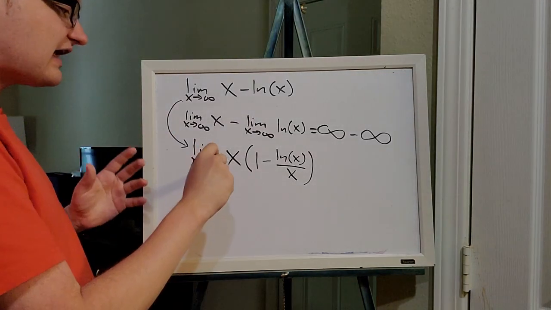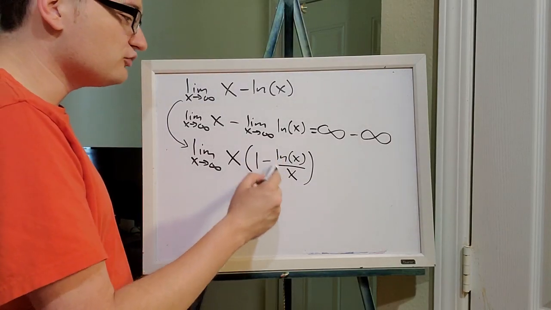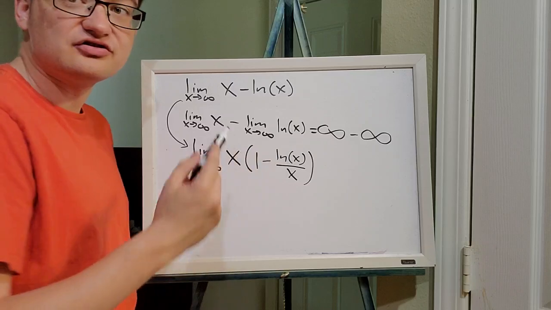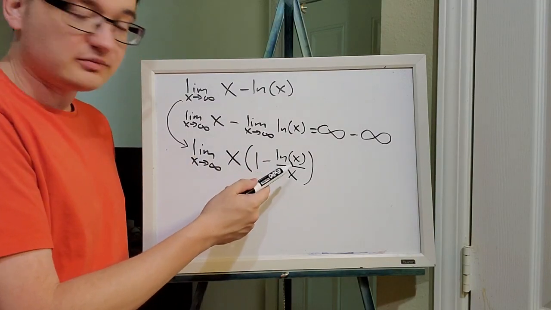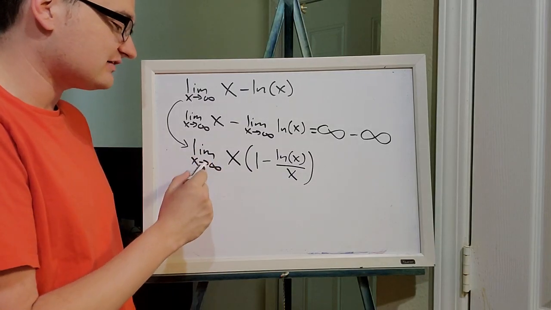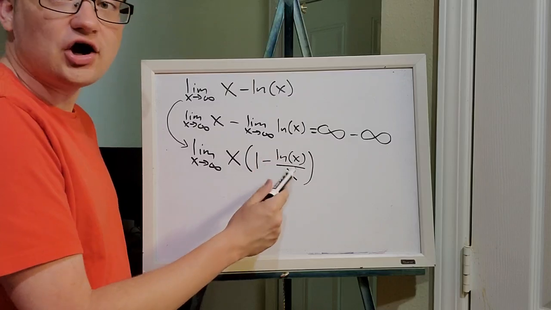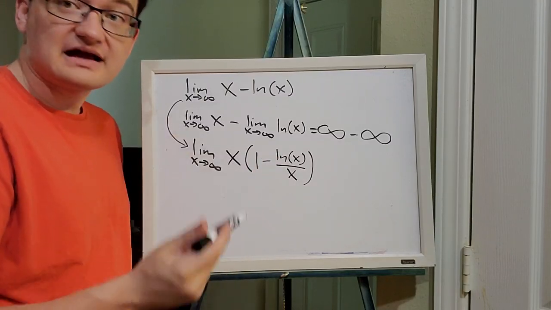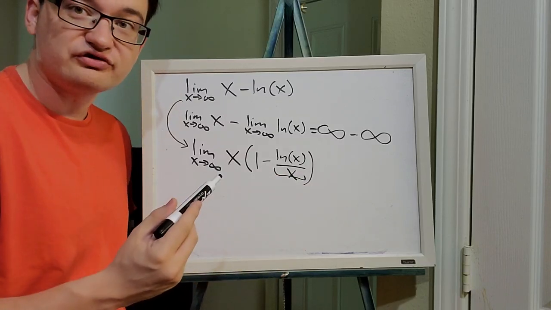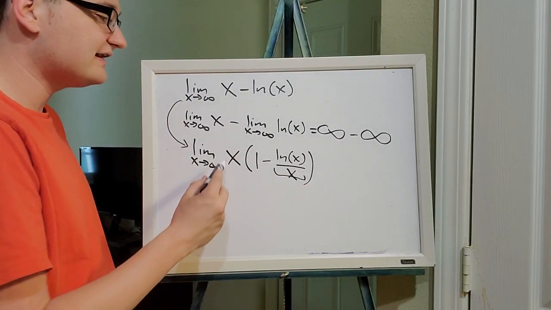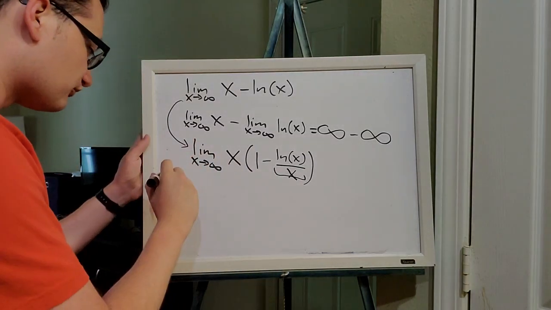Well, we know this x term here is going to infinity, but we don't know what this term here is going to, because it's an indeterminate form. If we applied the limit as x goes to infinity here, we'd get infinity over infinity. That's not good. But we need to know what this fraction goes to as x goes to infinity to evaluate this whole thing. How do we find it? L'Hopital's rule.